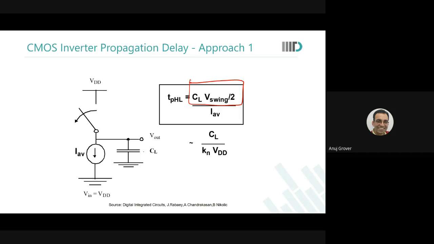CL into V is my charge Q. Q by I will give me time. Am I right? Yes, sir. So that is what we have done. Oh, okay, I got it. Okay, thank you.